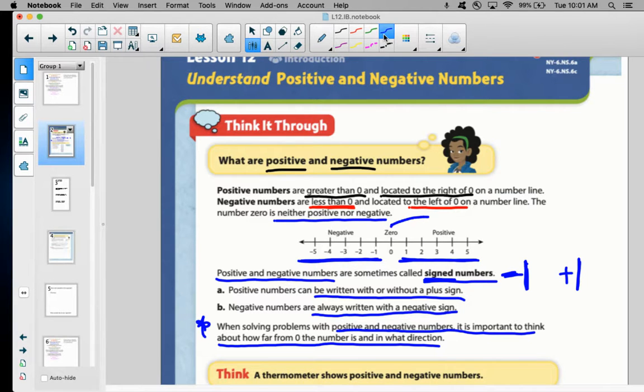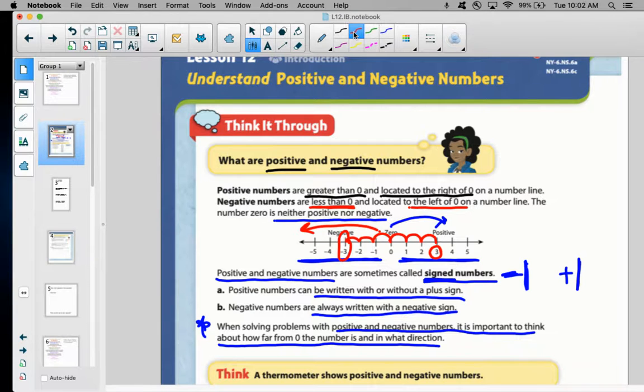So positive numbers are always going to be going towards the right, and negative numbers are always going to be going in that left direction. So for instance, the number -3 is 3 spaces to the left of the 0 versus the +3 is 3 places to the right of that 0. So that's going to be important to think about moving forward.